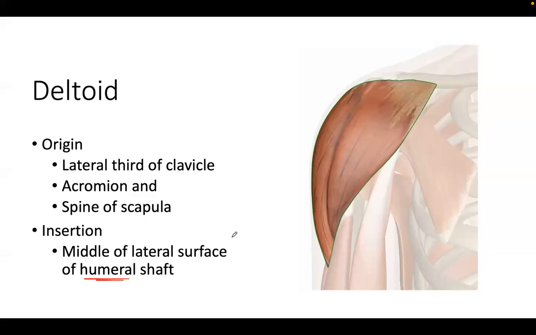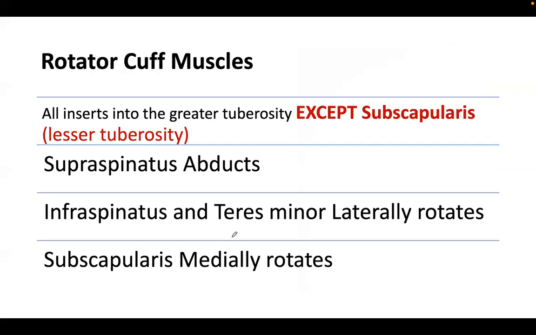Now, always remember by heart the following pearls. All of the rotator cuff muscles are inserted into the greater tuberosity. The exception is the subscapularis. The subscapularis is inserted into the lesser tuberosity.